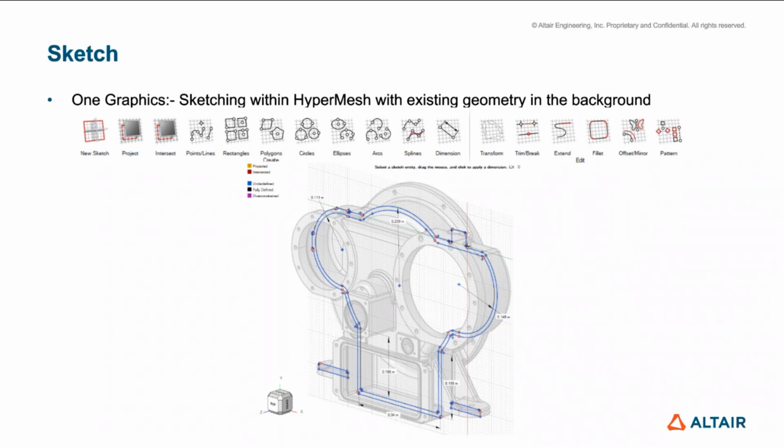And we are also going to turn on the legacy behavior, where it was taking the sketch tools into a different graphics mode where you don't see your current model for reference.